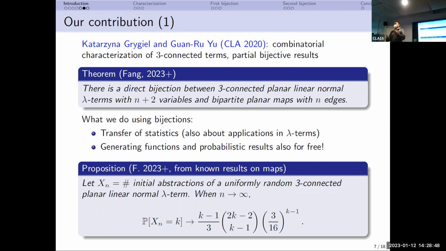And then they tried to use this condition to obtain some bijective results to at least relate some subfamilies in each part, on the map side and on the lambda term side, using bijections. So they have some partial results, but on very restricted families. And what I did for this is that I used their characterization and I constructed a direct bijection between the two families in question counted by the same formula.